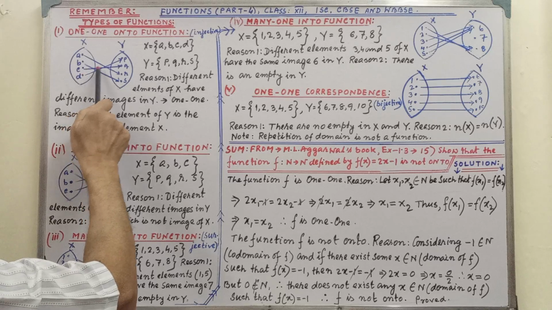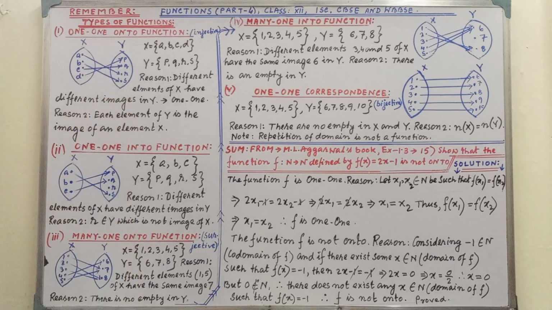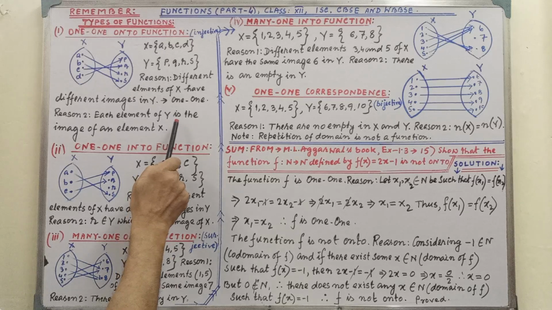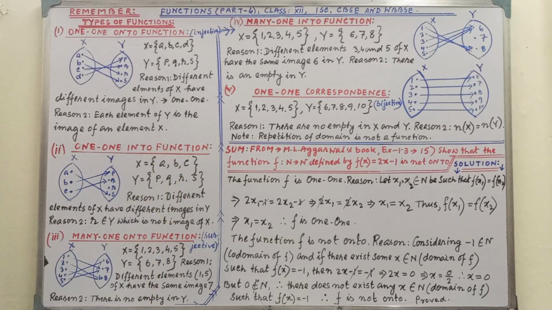All the elements get an image. This is why it is a one-one onto function.